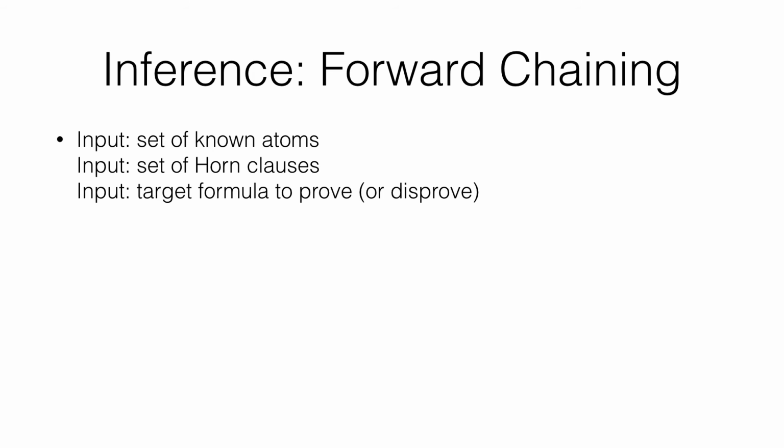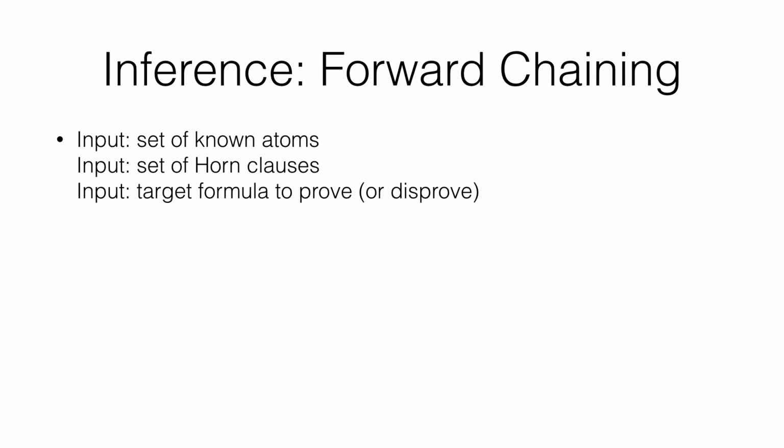So again, we're going to limit the type of sentences that can be in the knowledge base to these sort of if-then statements, and then iteratively chain forward from the knowledge base, growing, adding new knowledge until we hope to find the sentence we're trying to prove. So the input to forward chaining is a set of known atoms, that's our knowledge base, and a set of horn clauses that's also in our knowledge base.